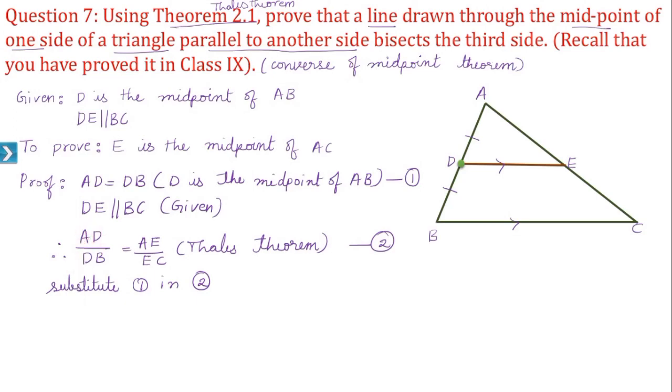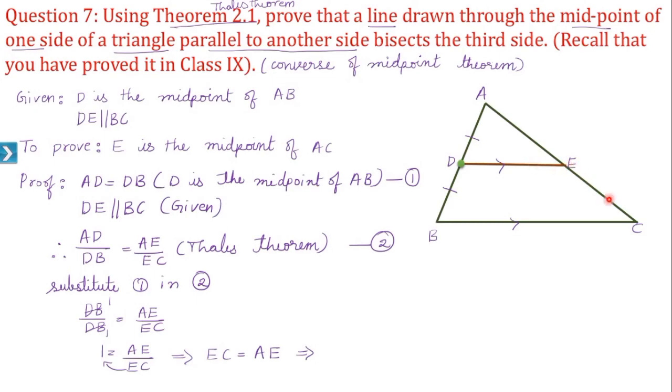Now DB by DB is equal to AE by EC. So DB cancels out, remaining 1. So 1 is equal to AE by EC. If you cross multiply, 1 into EC is equal to AE, so EC is equal to AE. Look at the figure.